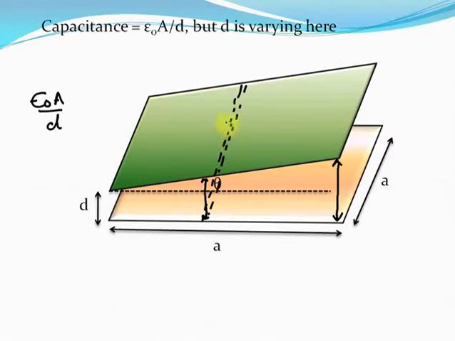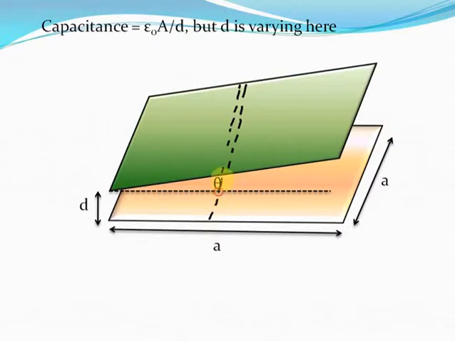So if we consider an elemental strip like this and an elemental strip like this on either of the plates, then first we will calculate the capacitance of the element CE, and then using the capacitance of the elements, we can find out the net capacitance of this entire system. So suppose we take an elemental strip like this here on the green plate, and we take an elemental strip here on the brown plate, a corresponding elemental strip.